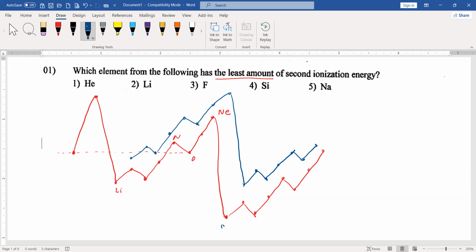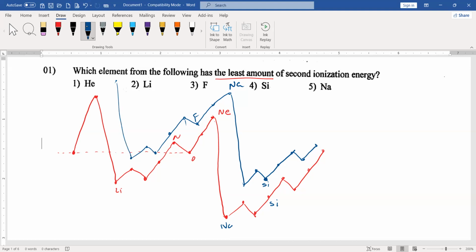Then we have sodium, magnesium, aluminium, and silicon. So silicon, the second ionization energy of silicon here. The sodium here. Chlorine, oh, the chlorine is then oxygen, chlorine here. The lithium may be somewhere here.